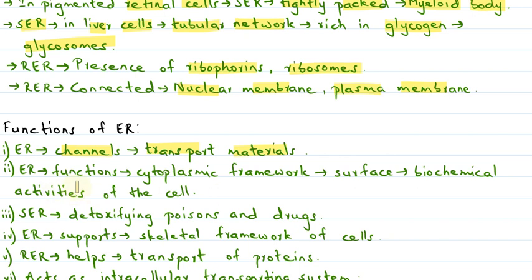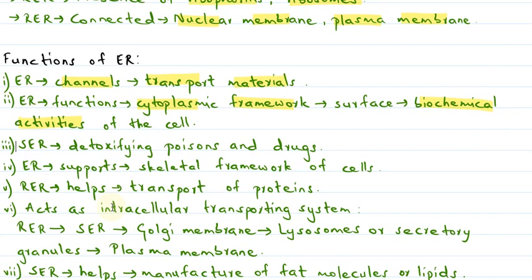Then the ER functions as cytoplasmic framework, providing a surface for some of the biochemical activities of the cell. Then the SER, or the smooth endoplasmic reticulum, its major function is that it helps in detoxification of some of the poisons and drugs. Then the endoplasmic reticulum also supports the skeletal framework of the cells.